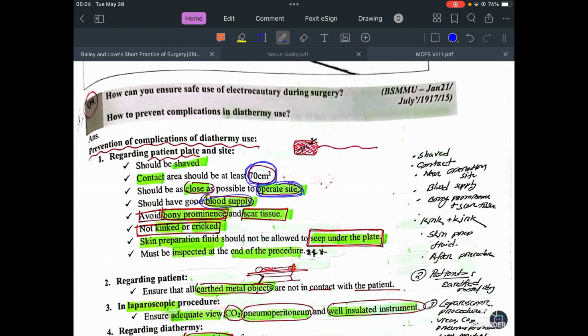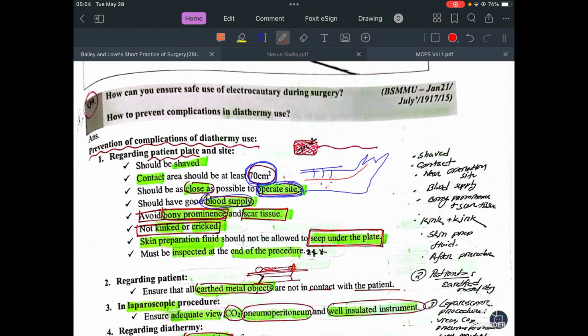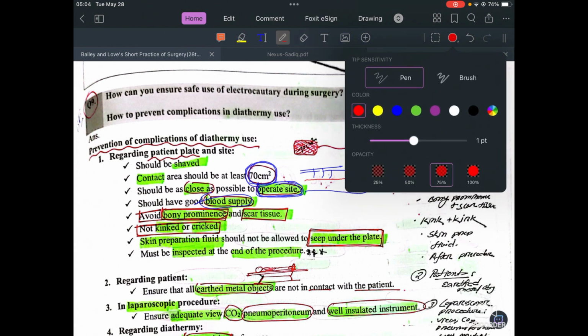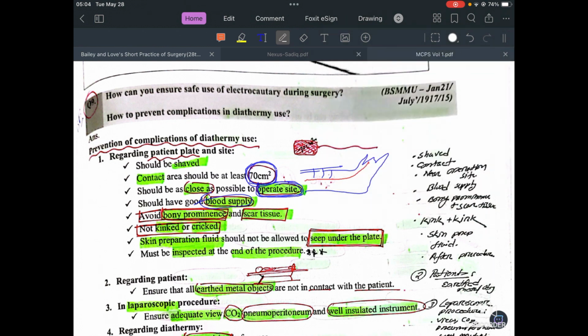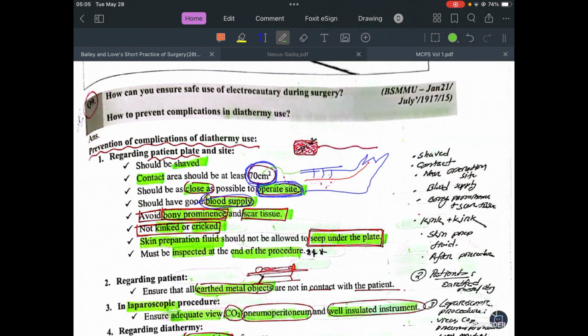So you have to think that if there is a limb, what should we do? The limb should be free of hair, so it should be cut or cleaned. Then it should have a very good blood supply, and we should avoid all sorts of bony prominence.